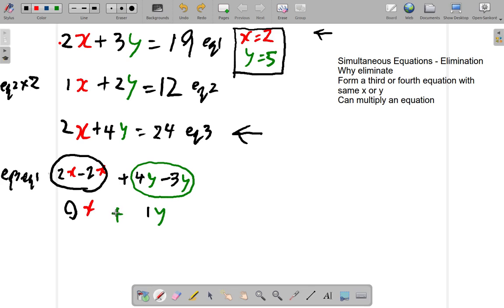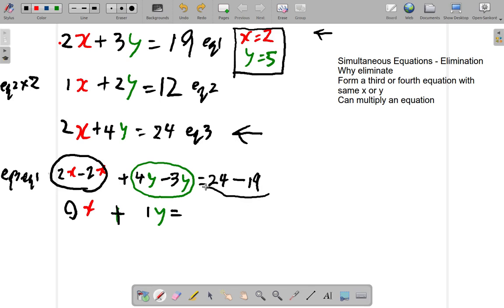Alright? Equals. What happens out here? Number minus number now. The number in equation 3 is 24. So I have equals 24 minus the number in equation 1, which is 19.